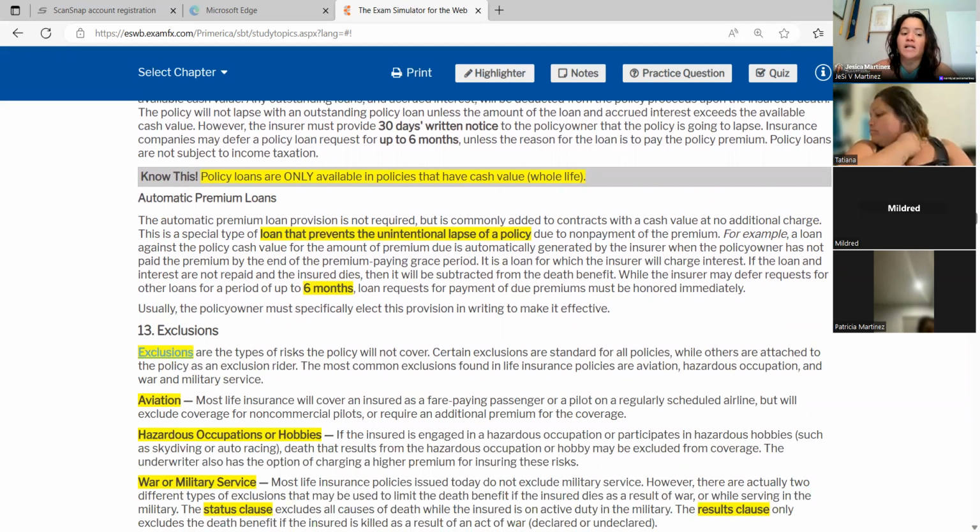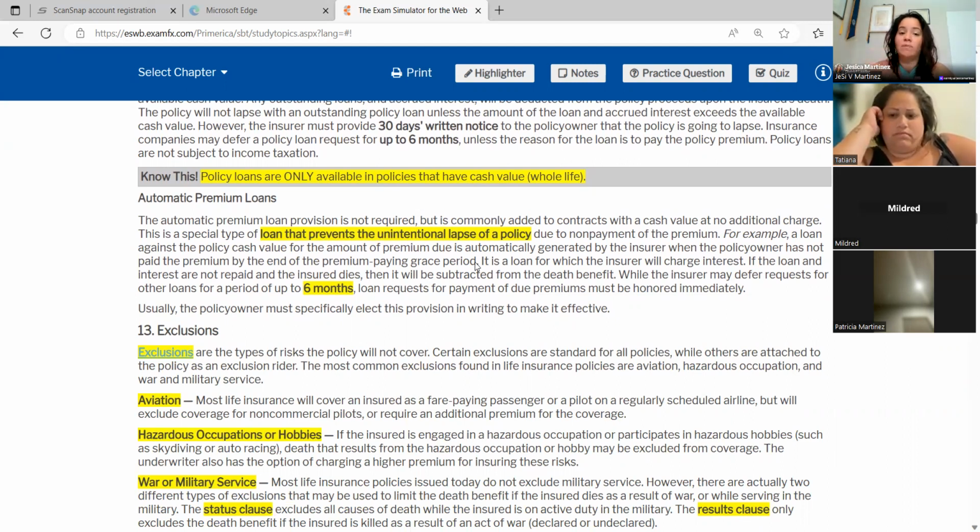For example, a loan against the policy cash value for the amount of premium due is automatically generated by the insurer when the policy owner has not paid the premium by the end of the premium paying grace period. All it says is that they're automatically putting a clause on those cash value policies that says if you lapse and you forgot to pay the premium, we're going to take from your savings account, from that cash value, to pay the premium after the grace period.